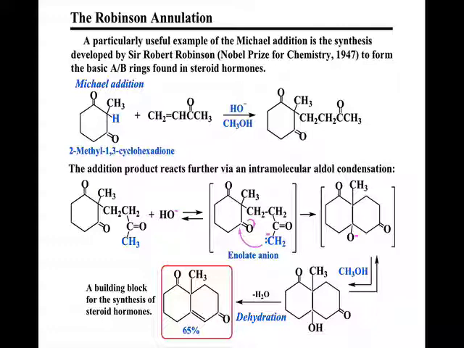And why does it lose water so readily? That must mean that this is more stable than this, right? Why is it? Yeah, so we have a resonance stabilized conjugated system, right? Here we do not. We just have the isolated pi bonds and the carbonyls, no real conjugation.